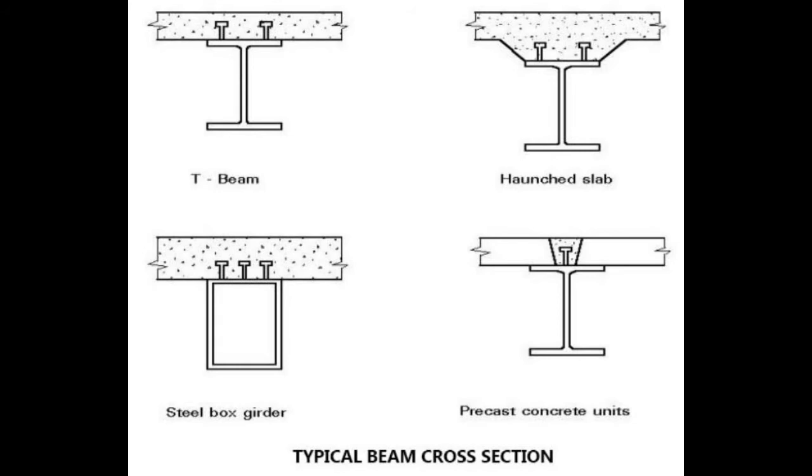If we see these types of composite beams, we have varying types like the T beam, the haunch slab which has the beam as a part of it, and the steel box girder, in which a pipe kind of section is used. We have precast concrete units as well. Now, an important connection is the beam to column connection.